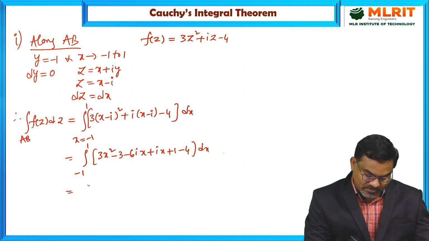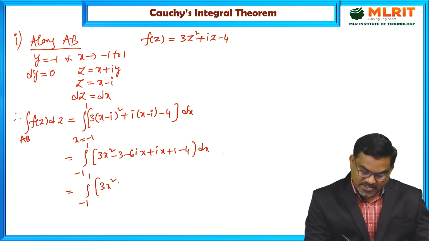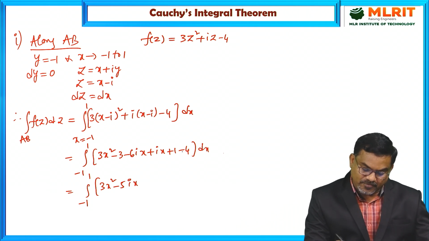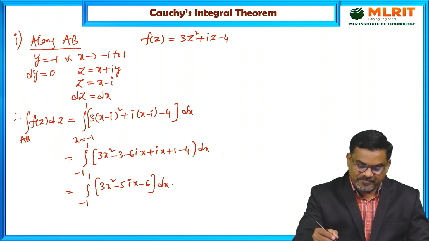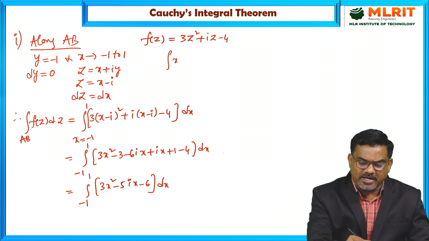So this is equal to, from minus 1 to plus 1, we can simplify this again: minus 6ix plus ix is minus 5ix, and here minus 4 minus 3 plus 1, so this is minus 6. Now integrating this with respect to x, we are using the formula integral of x power n dx is x power n plus 1 by n plus 1.